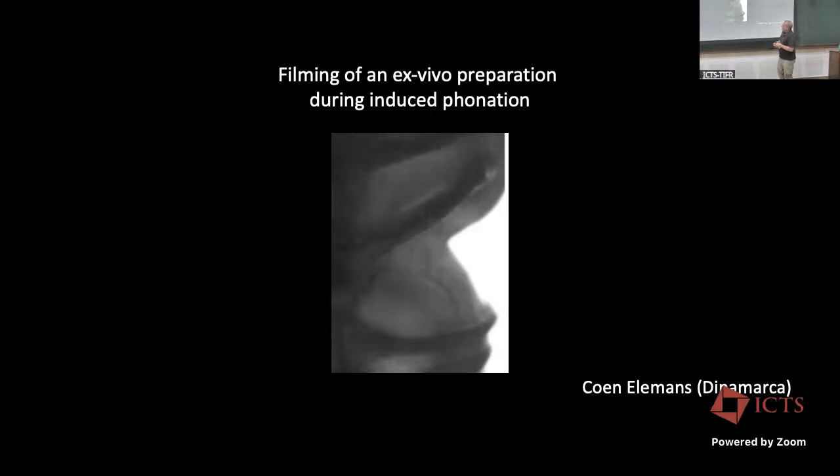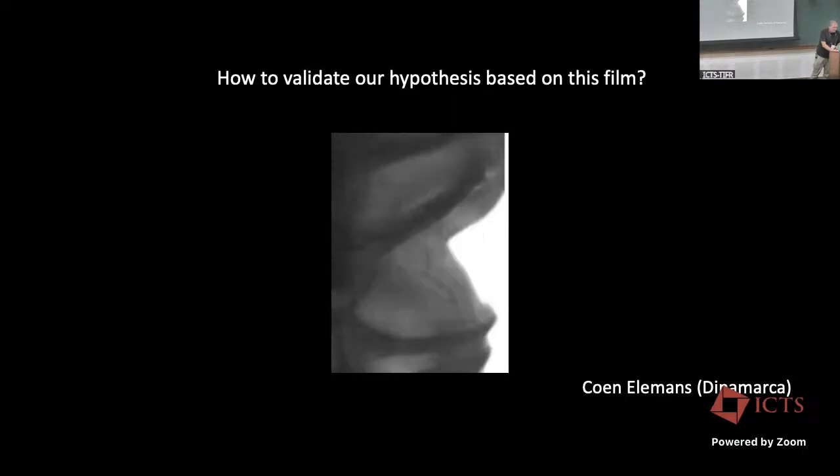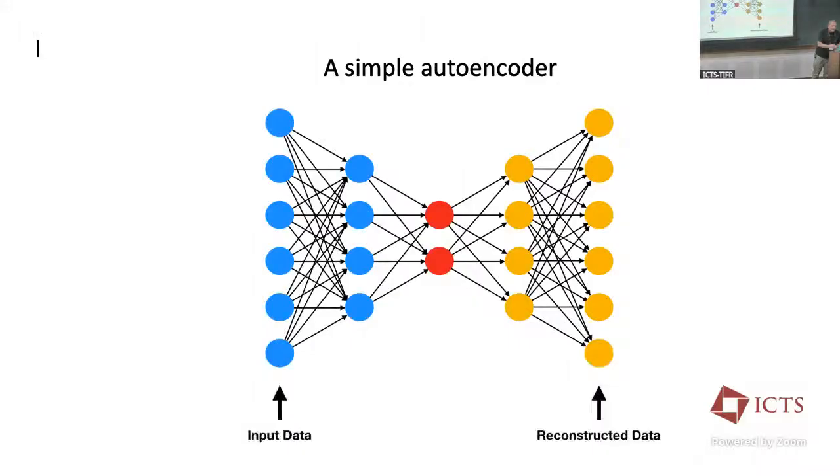So fortunately, by the time that Coen could make this movie, neural networks were fashionable. And I decided that I would try to lower the dimensionality of the problem with an autoencoder. Can you see the fast mode and the slow mode there?